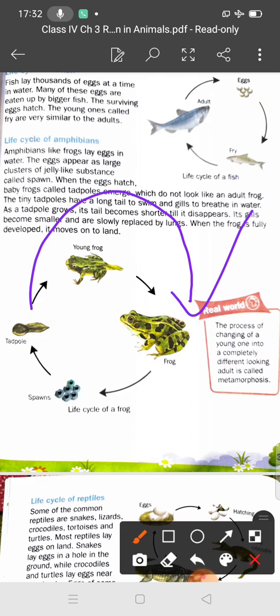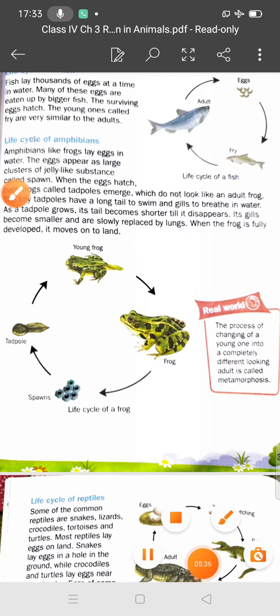The tadpole is totally different from the adult frog. You can underline this word. The process of changing of a young one into a completely different looking adult is called metamorphosis. Okay, students.